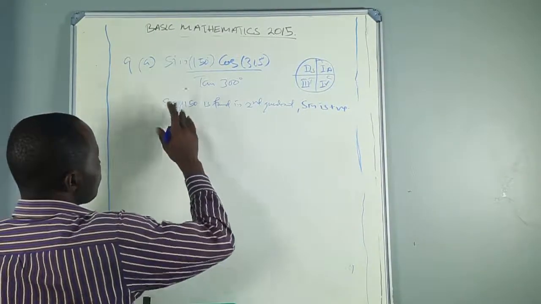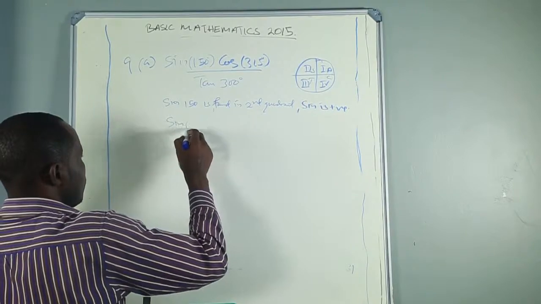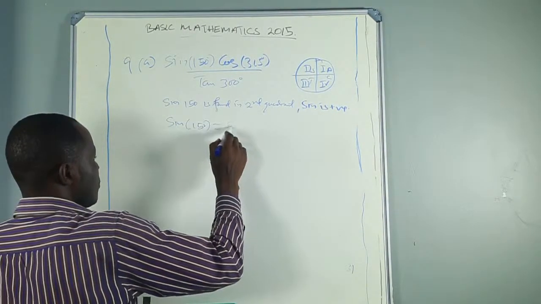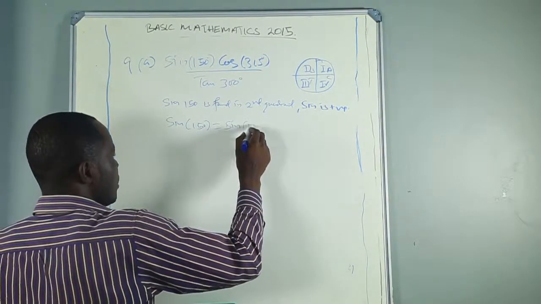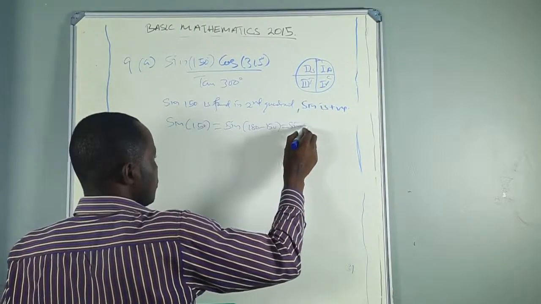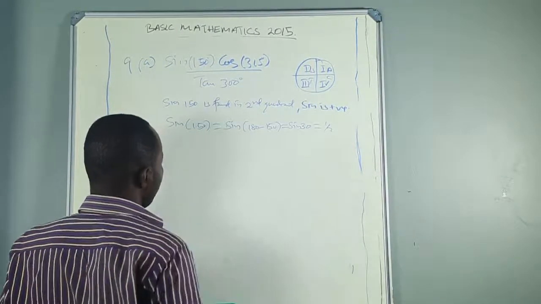So sine of 150 is equal to sine of 180 minus 150, which is sine of 30, equal to 1 over 2.